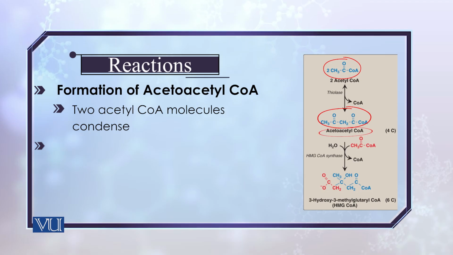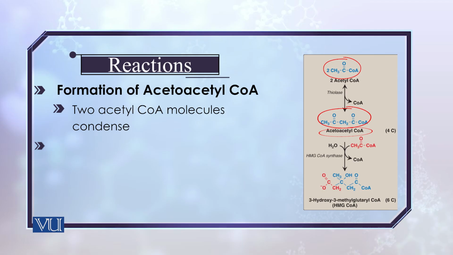Keep in mind, when we are talking about synthesis, you should focus on the number of carbon atoms also, not only on the reactants and products, or on the enzymes which are involved. Also, you should focus on how the number of carbon atoms is changing from one compound to the other.